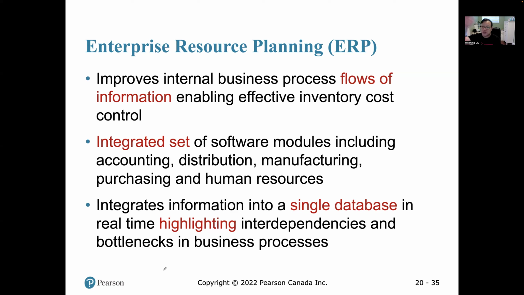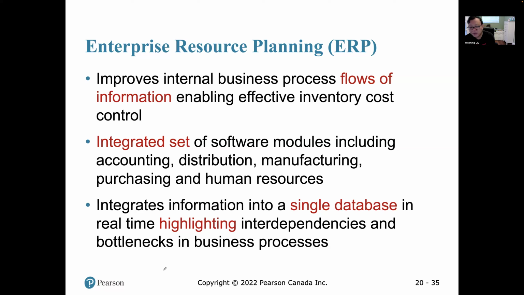So to improve the internal business process, to facilitate information sharing, they have these software modules, including accounting, distribution, manufacturing, purchasing, and human resources, right? So you can see the labor, the materials, overhead, everything, the information is there.